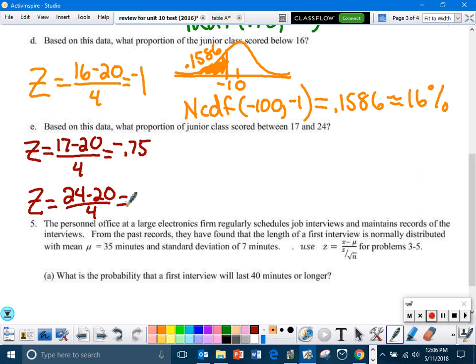The second z-score is a 1. Draw your picture. All right, so you're going to look up both of those. If you're using the table, look up both z-scores. Start with 1.